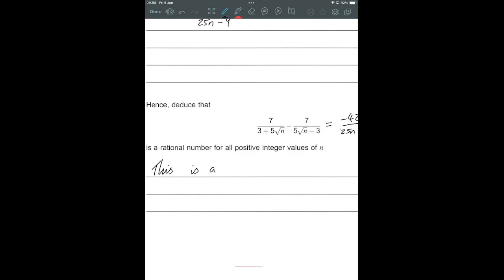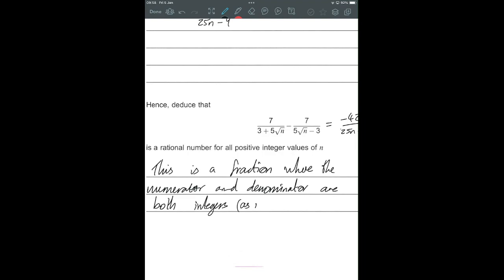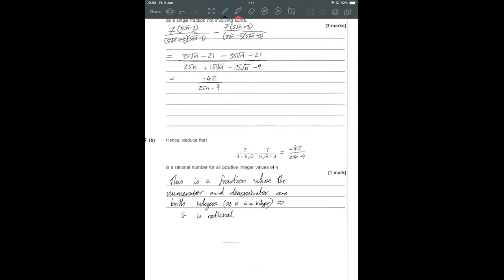This is a fraction where the numerator and denominator are both integers, as we were told that n is an integer, which implies it is rational. Being rational simply means you can be written as a fraction with no nonsense involved, no extra powers, no roots of any form, no e's, pi's, etc. We don't have that here, we do just have the numbers themselves.